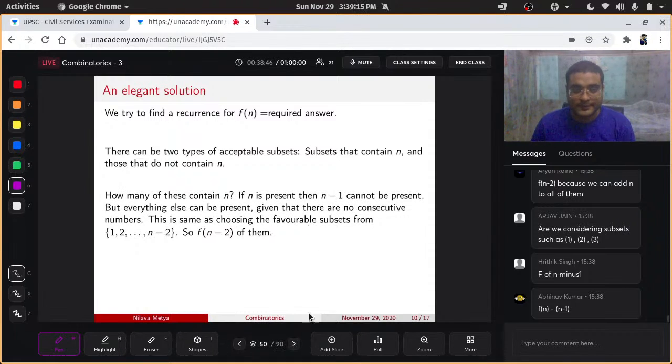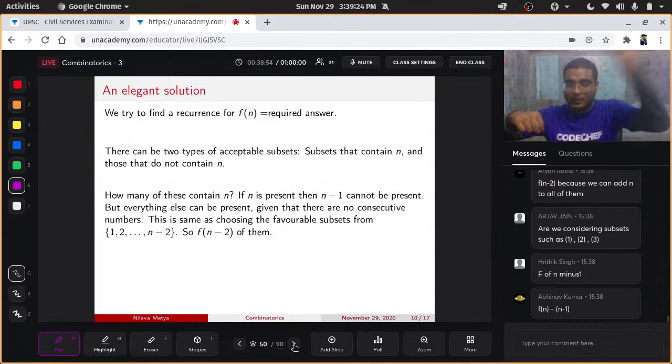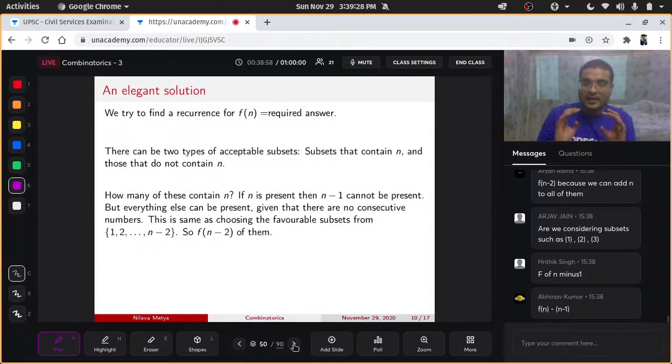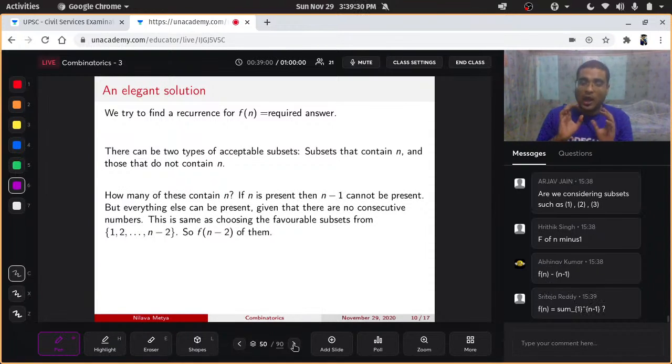So n is present, n minus 1 cannot be present. For the remaining elements, how many can be there? It is just f of n minus 2, because I want from 1 to n minus 2.